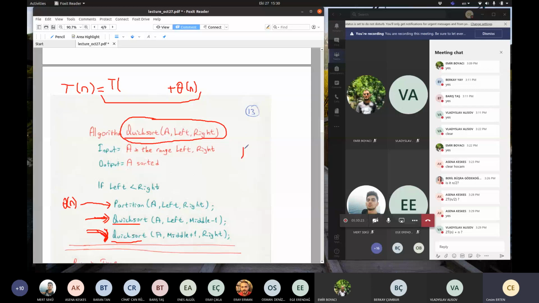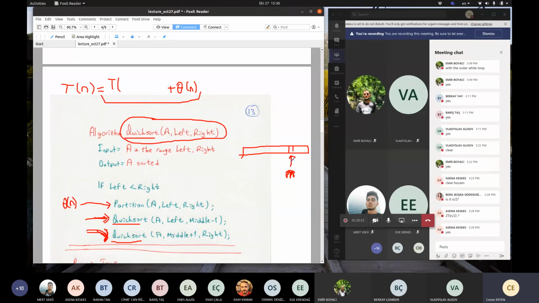However, remember that the partition algorithm partitions the input array such that once partition is finished, it will also return a middle index. Let me write down m for this middle index. Remember that this middle index m doesn't correspond to the exact middle of the array.